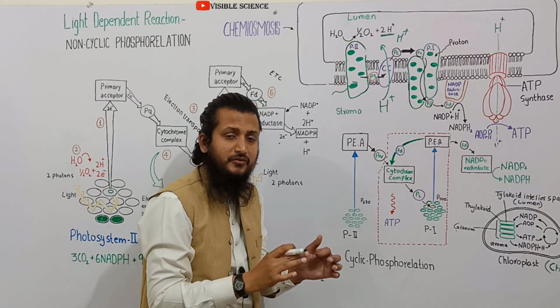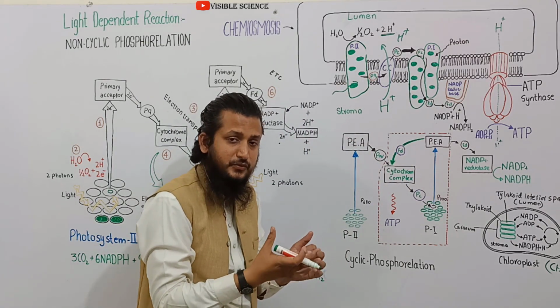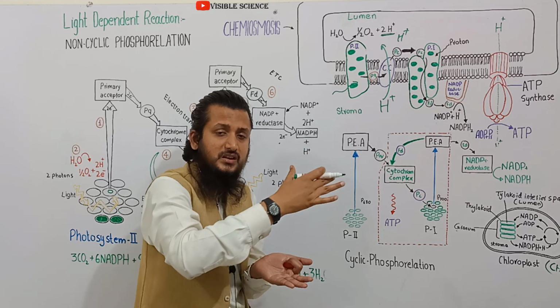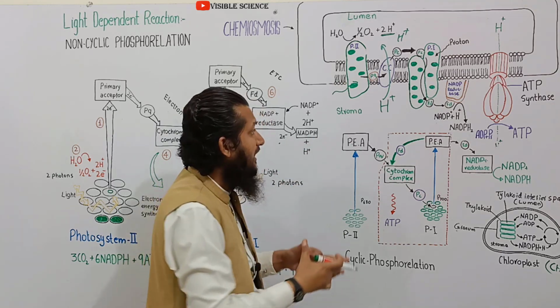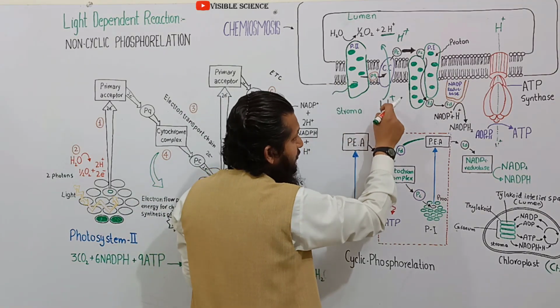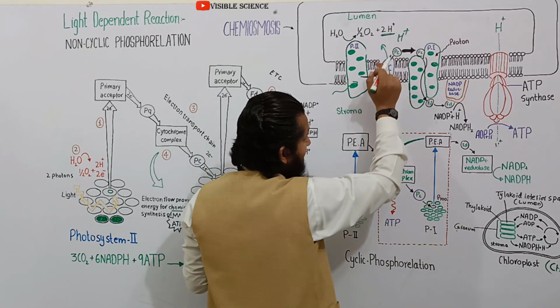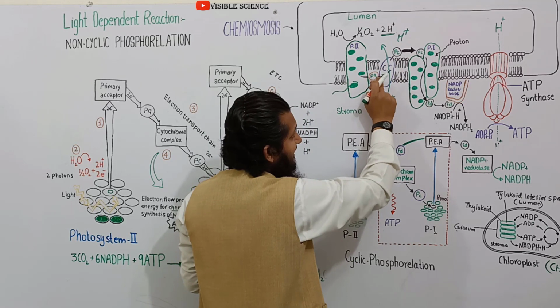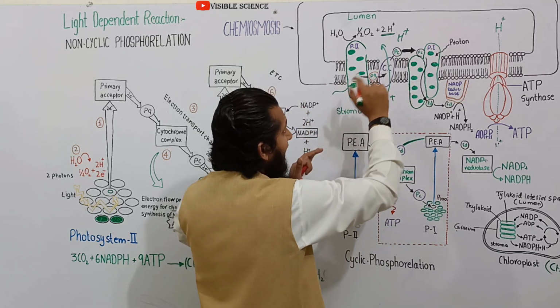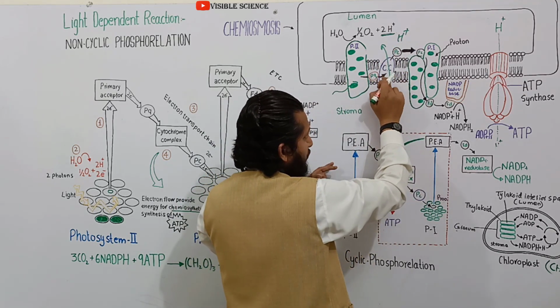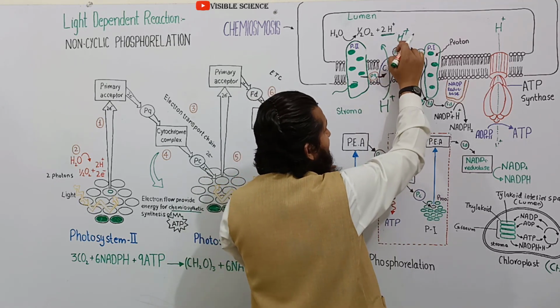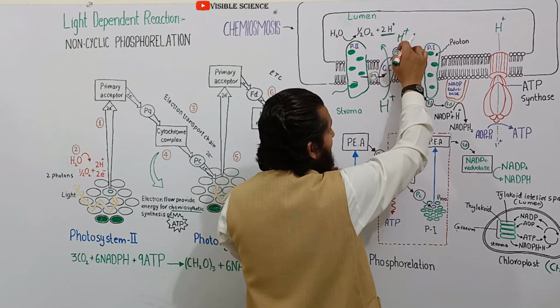And as we know, when we have to move a substance from lower to higher concentration, energy must be utilized. For this movement of hydrogen ions from lower to higher concentration, the energy of photo-excited electrons is utilized. The energy of that photo-excited electron is stored in the hydrogen ions in the form of potential energy.